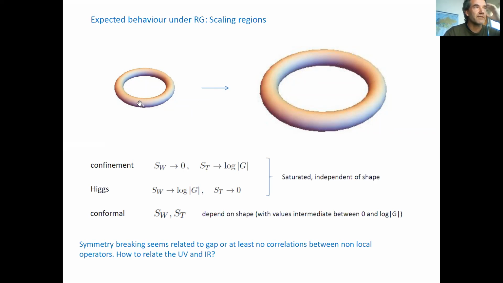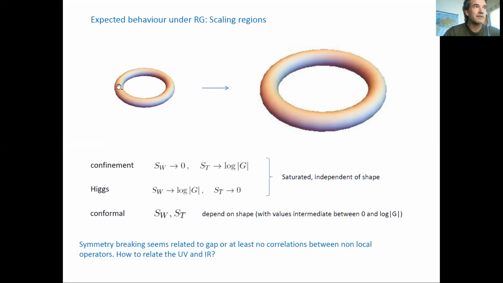People have thought much about line operators, just a line, because they are simple to describe. So you have a line operator with, let's say, the limit of 0 width and some length. But in this context, it's natural to think of different geometries, in particular wide rings.